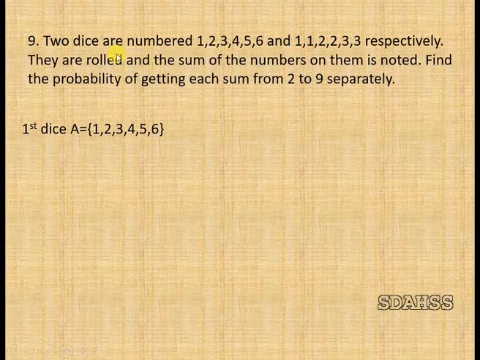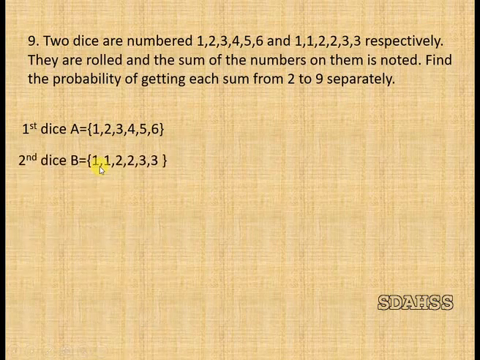First dice are numbered from 1, 2, 3, 4, 5, 6. So A is equal to 1, 2, 3, 4, 5, 6. And the second dice are numbered as 1, 1, 2, 2, 3, 3.